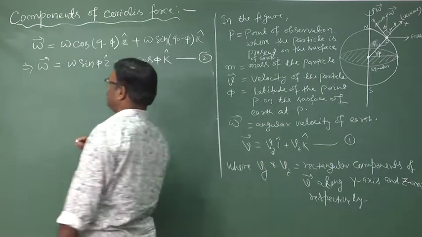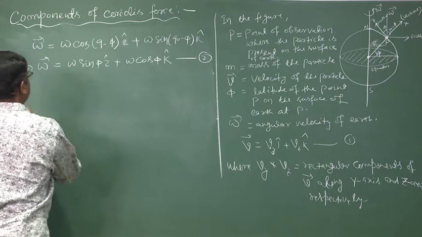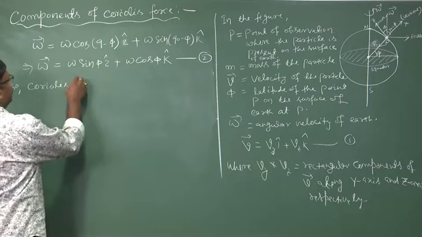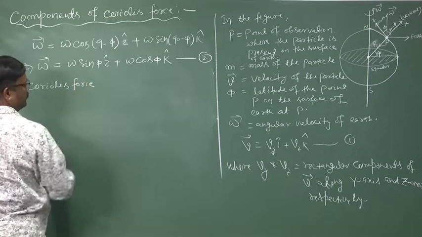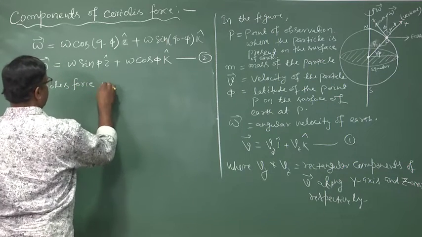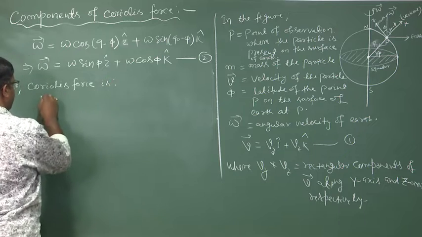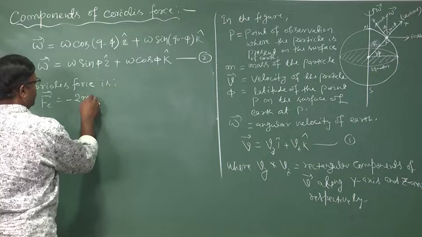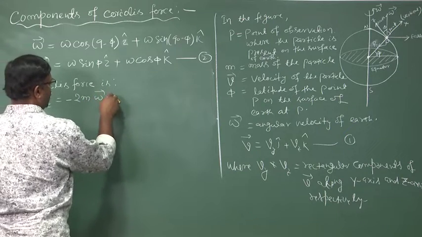So, Coriolis force Fc is equal to minus 2m omega cross V.